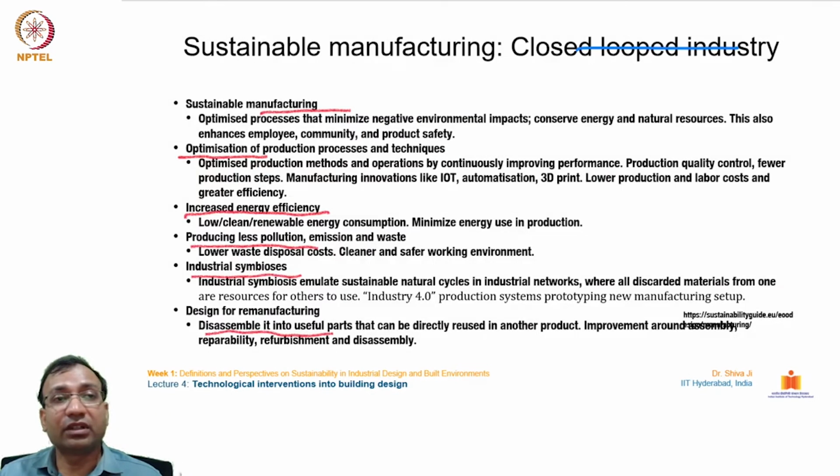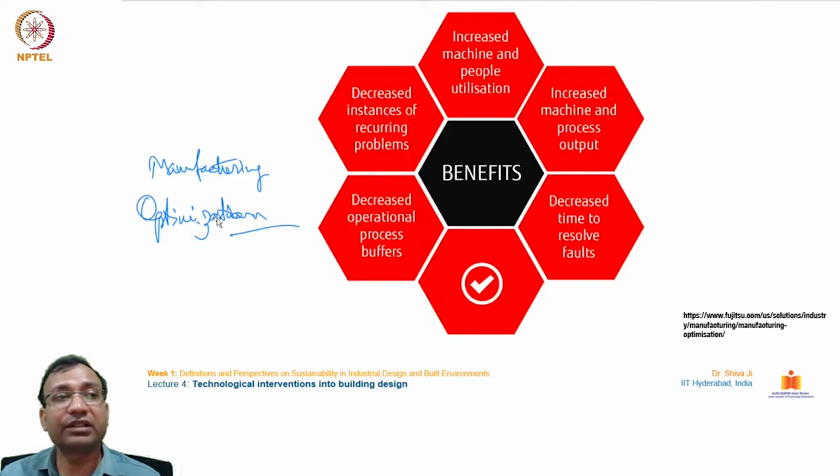So let's move to the next slide. How can this manufacturing optimization be brought about, and what could be the benefits of this exercise? Increased machine and people utilization, increased machine and process output, decreased time to resolve faults, decreased operational process buffers, decreased instances of recurring problems. So you see, there are several benefits of this process optimization in the manufacturing sector.